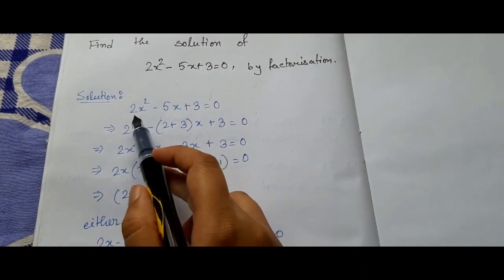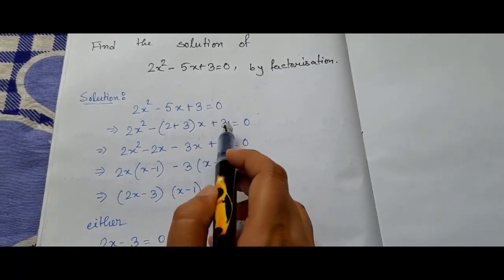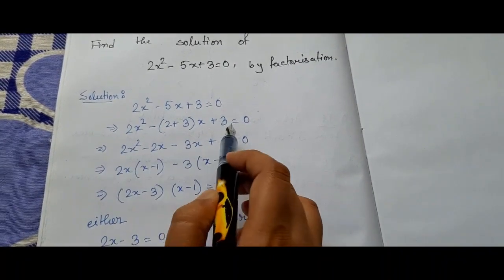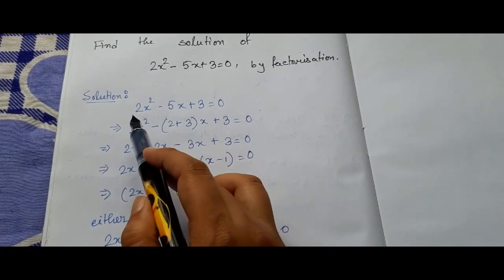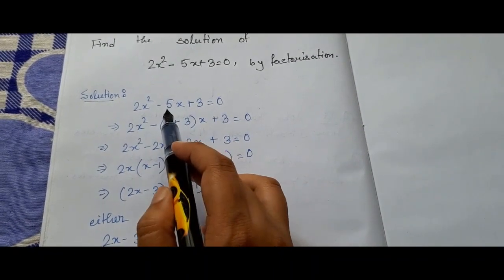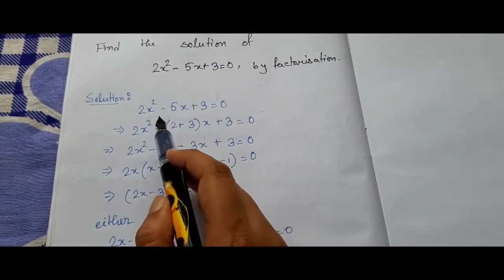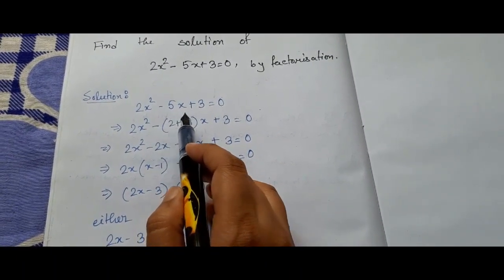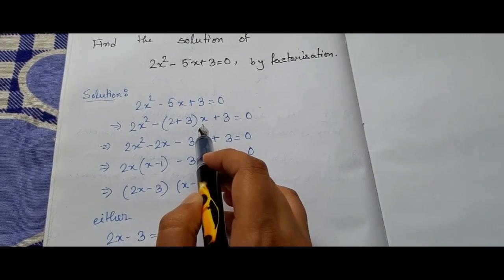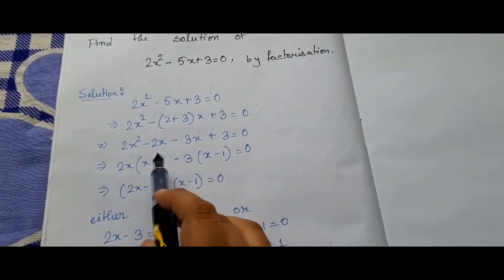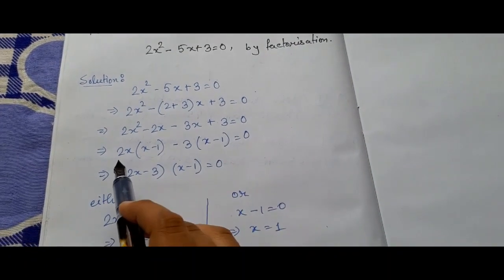Here you have the quadratic equation. On the left-hand side you apply the factorization method, or middle term method, to factorize this quadratic polynomial. You can see that 5x can be written as (2 + 3)x. So it becomes 2x² − 2x − 3x + 3 = 0.